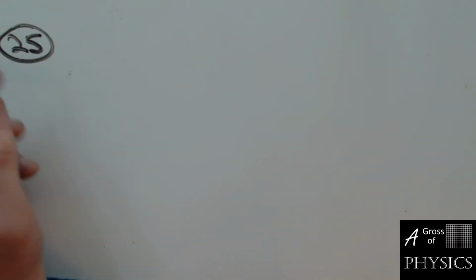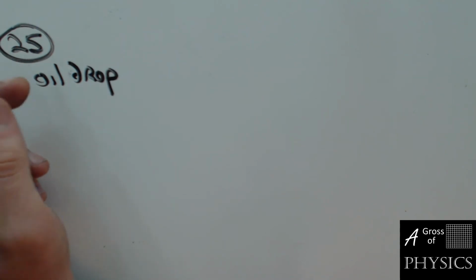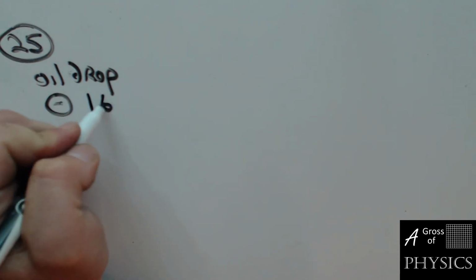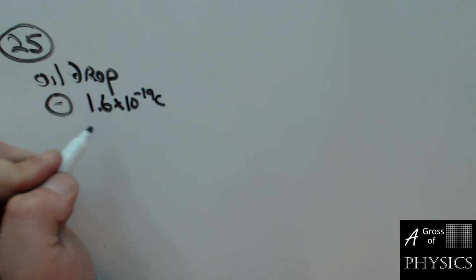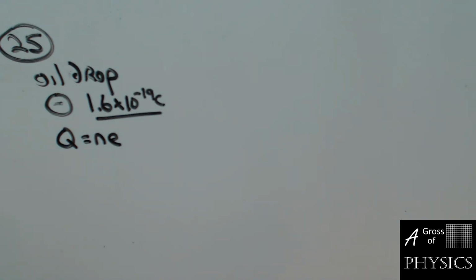All right, 25. We have an oil drop experiment, and we're looking for what the charge of the oil drop could be. Now we know that we have an excess number of electrons on it because it's negatively charged, so it's a bunch of extra electrons, and every electron has 1.6 times 10 to the negative 19 coulombs. The equation we use is Q equals NE, and N has to be an integer. So if we just divide each of these by 1.6 to the negative 19, we'll figure out which one is possible.